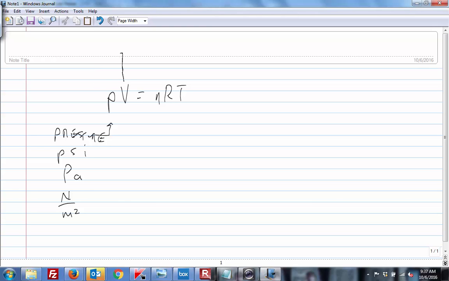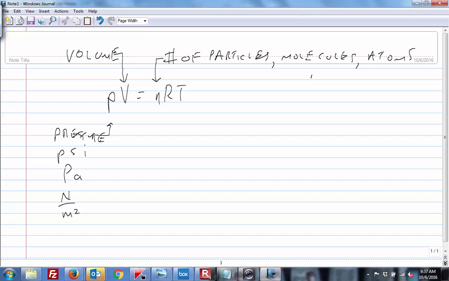This is volume. And of course, the n is just the number of, and there's a lot of different ways to say it, number of particles, molecules, atoms, etc. There are different ways to measure it, or sometimes just in moles is another way.